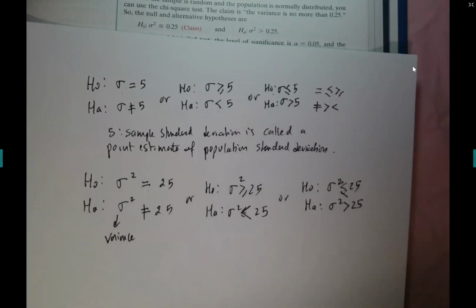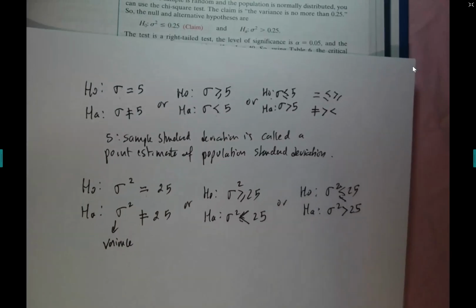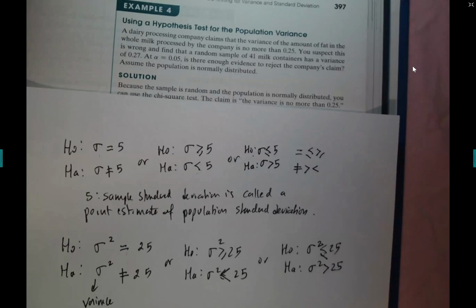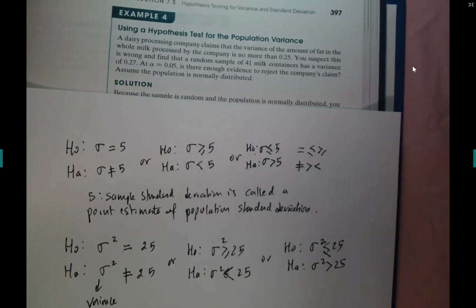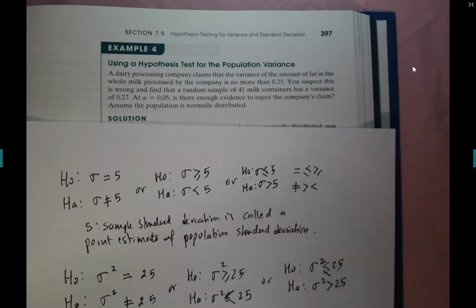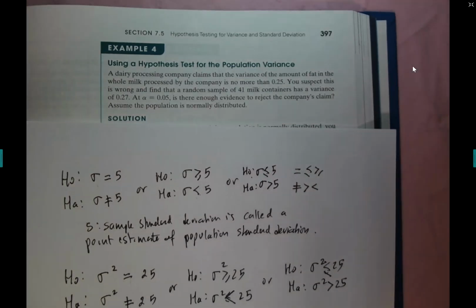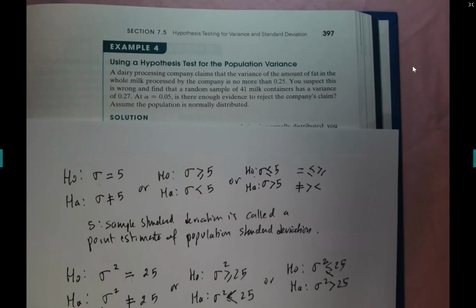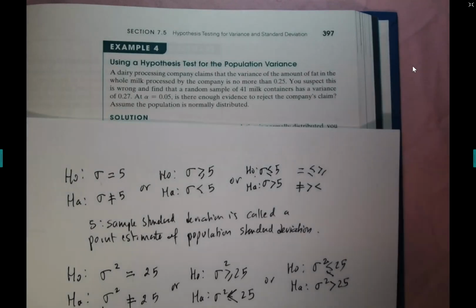So what I'm going to do now, I'm going to show you a problem, guys. And then the one that you will have for the bonus assignment will be very much the same. So let me just do this problem. It's example 4 in section 7.5 on page 397, using a hypothesis test for the population variance.